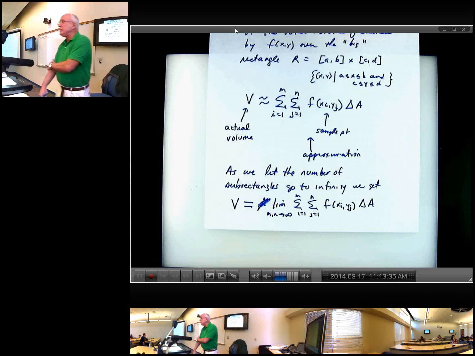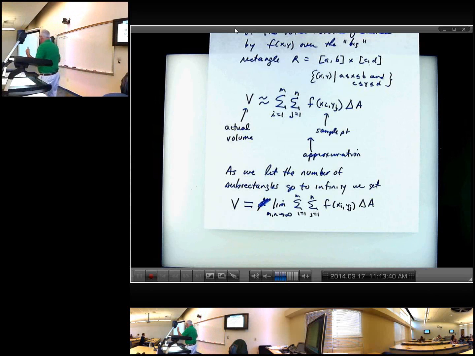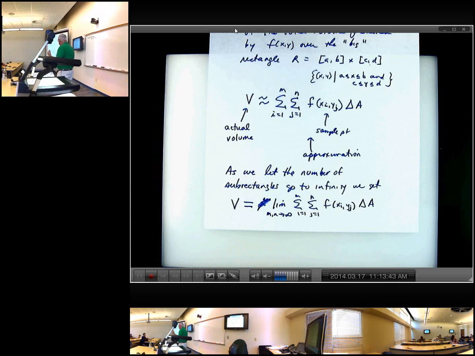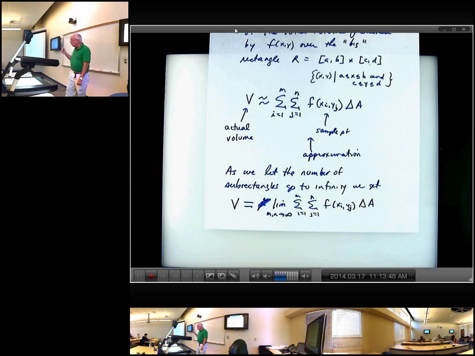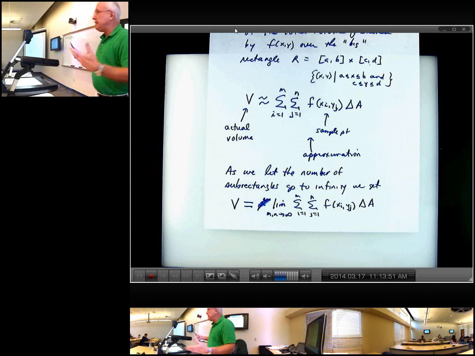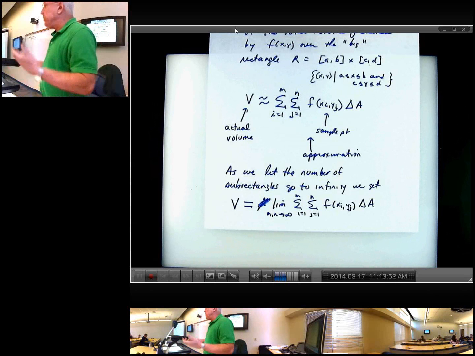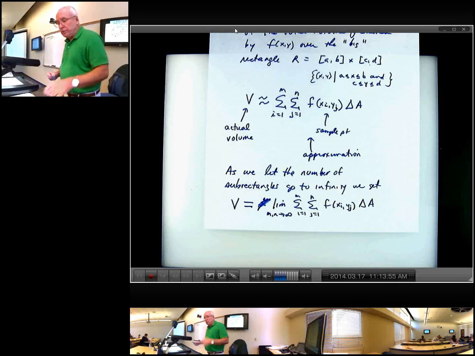Now this is all really nice, except for something that you're going to do in the very first section of homework. This isn't how you're going to be calculating the volumes, by taking this limit. What we're going to see is that the integral will give us the volume, what we need.